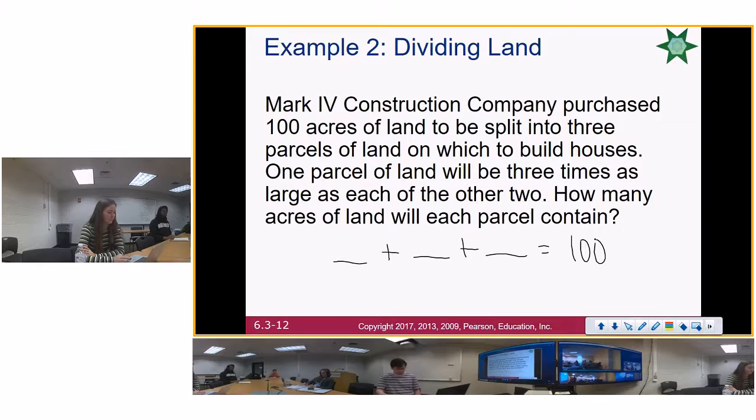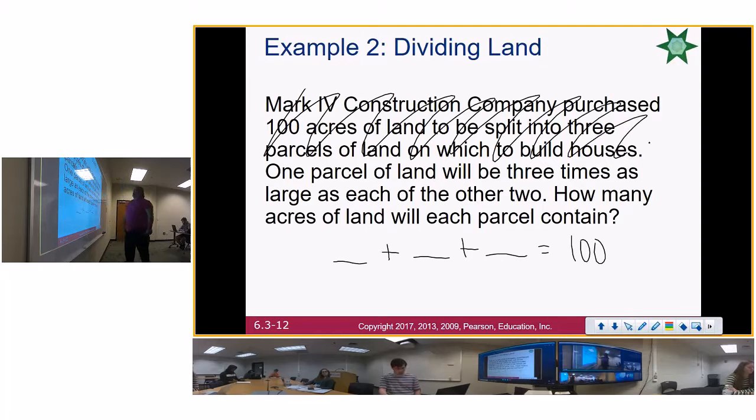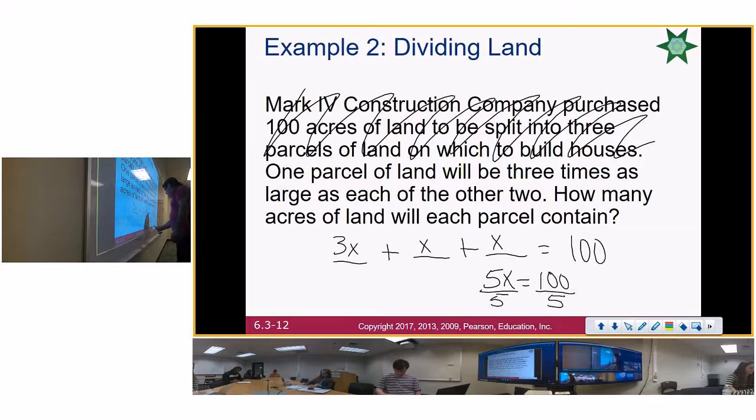One parcel of land will be 3 times as large as the other parcels. If the other parcels don't have anything beside them, they're just X. What's 3 plus 1 plus 1? So 5x is equal to 100. Divide by 5. X is equal to 20.